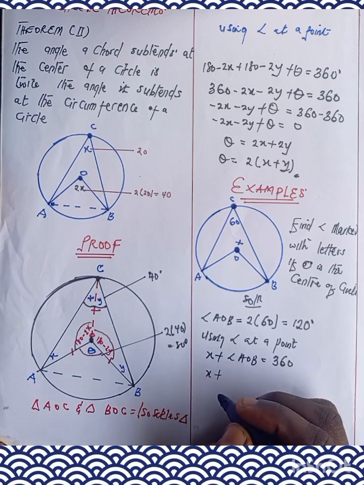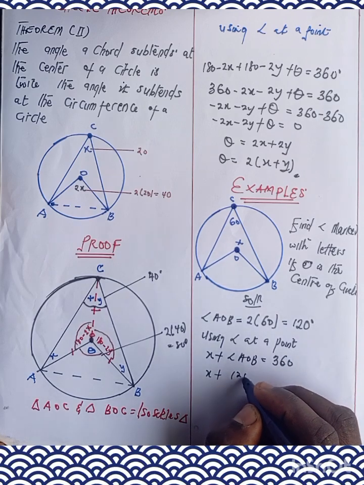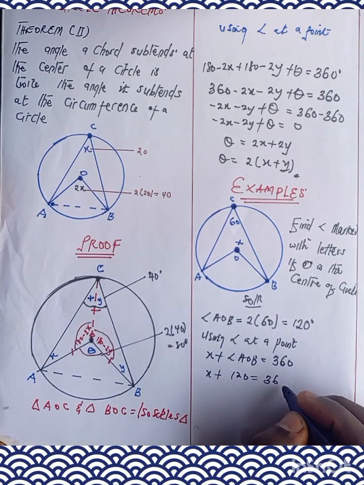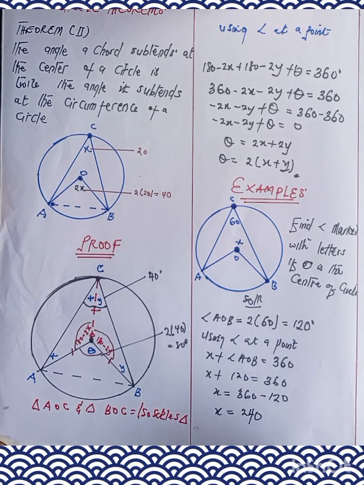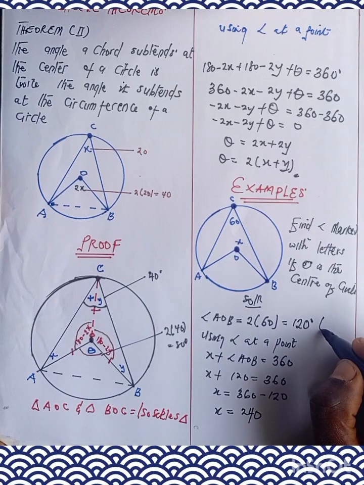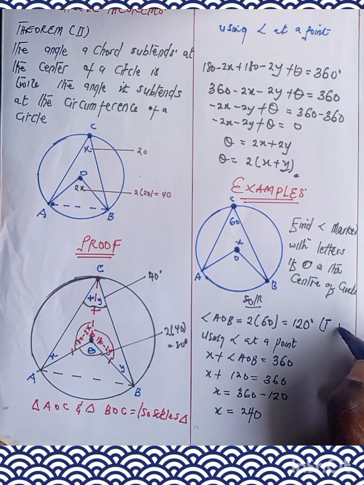But we know that angle AOB is 120 degrees. Therefore, x is equal to 360 minus 120, and x is going to give us 240. Very, very simple. So from here, theorem 2.